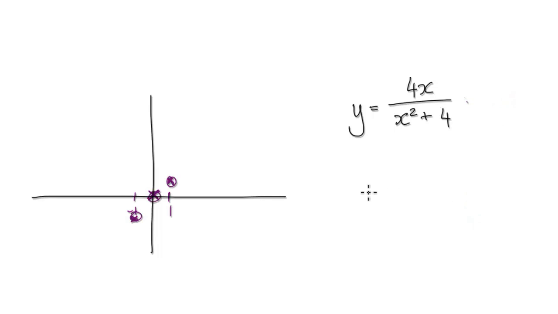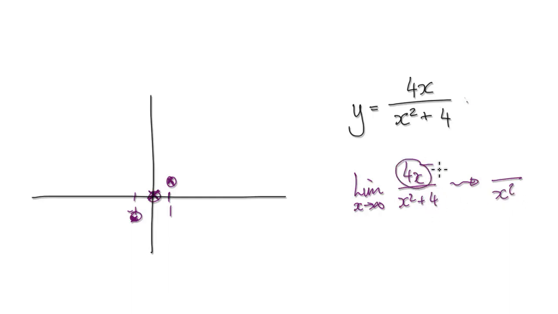Now let's see what happens when x tends to infinity. When x gets very big, the denominator will just act as x squared, because this 4 is going to be irrelevant.